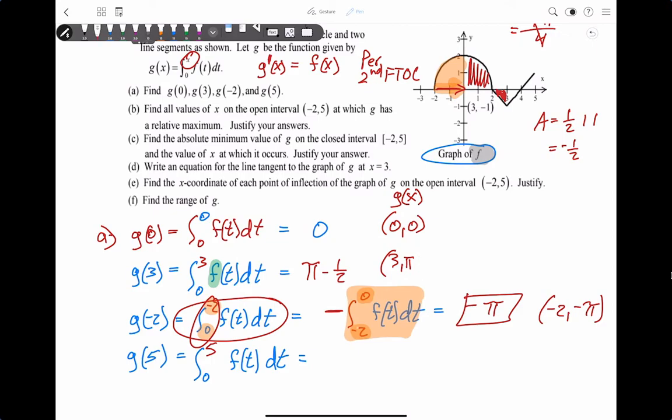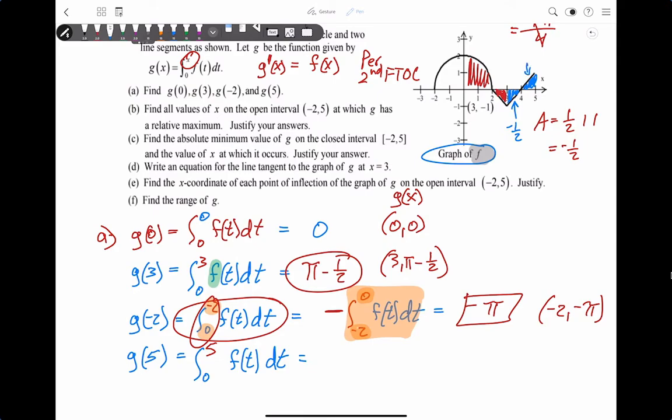Okay. So now let's go all the way to 5. And I'm going to still go from 0. Well, I know that I've calculated to 3, which is a positive pi and a negative pi over 2. So if I'm going to go all the way to 5, I'm going to basically tack on to that this area and this area. Well, this area down here is a -1/2 because I'm reading left to right and it's below the x-axis.